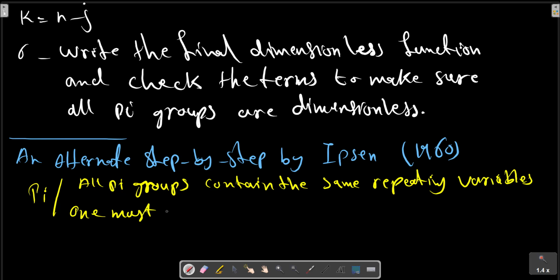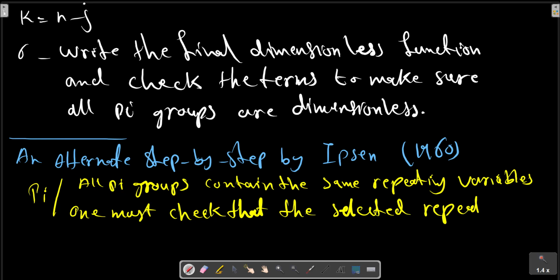One must check that the selected repeating variables do not form a pi group among themselves.